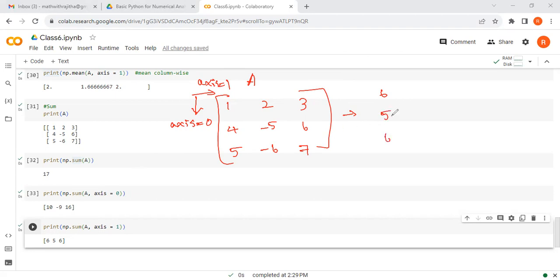The next one is 6. So Python gives me this as the row vector.